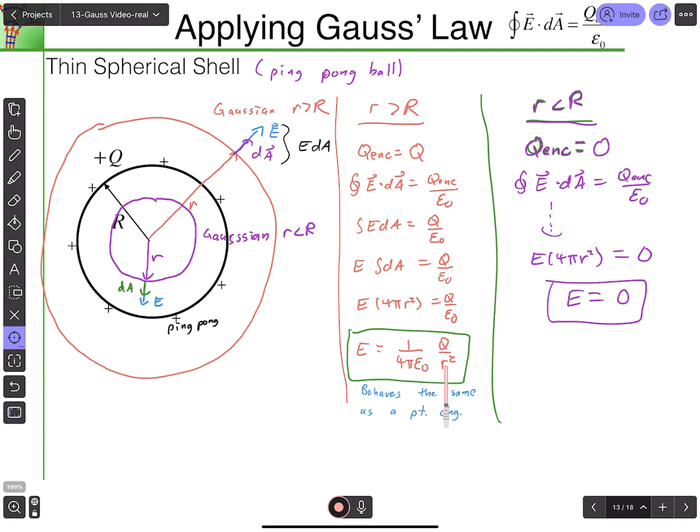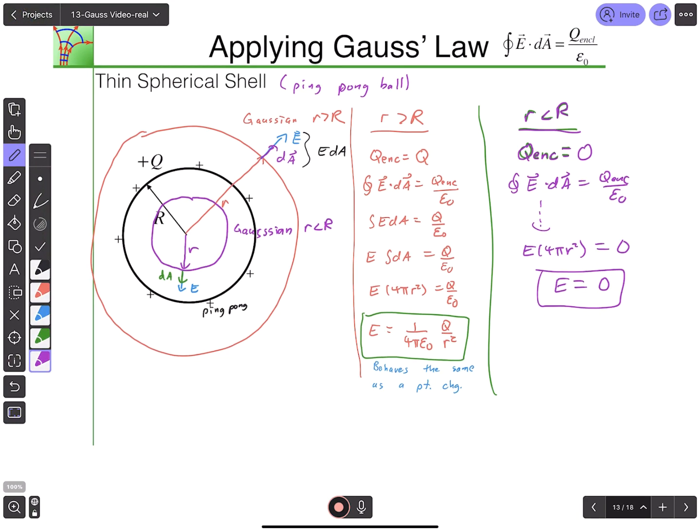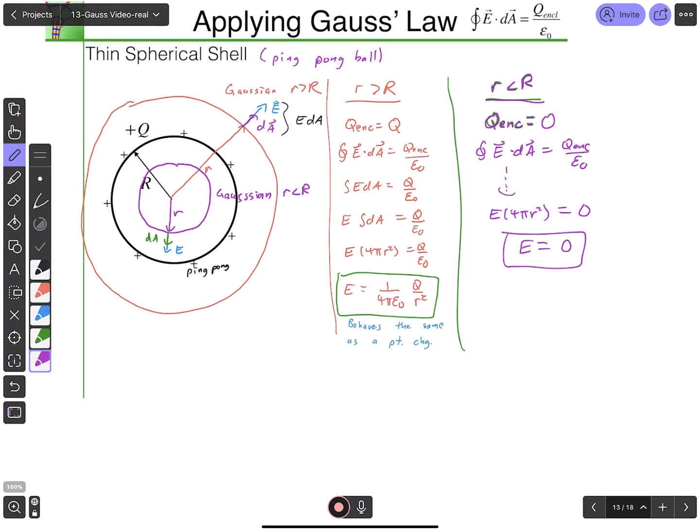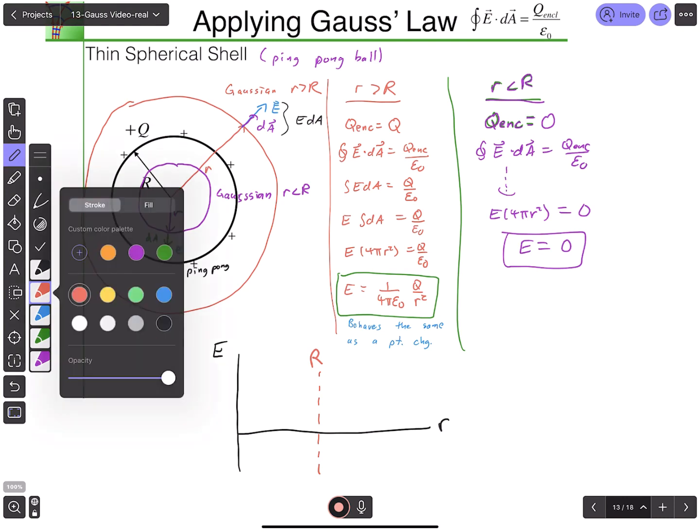One way to think about it is to draw a graph showing that. So if I were to draw a graph of electric field versus distance, and this would be at the radius r where you exit the sphere. When you're outside the sphere, it behaves just like a regular 1 over r squared.